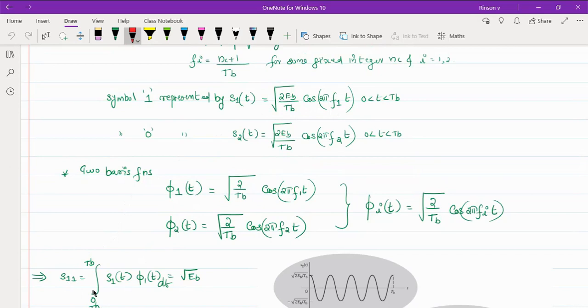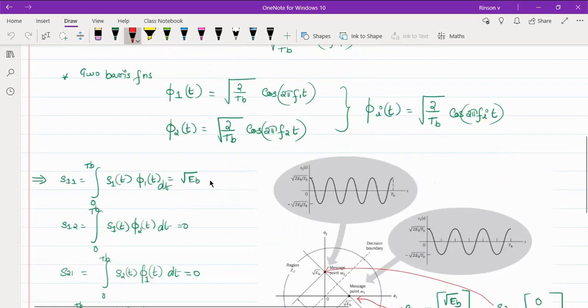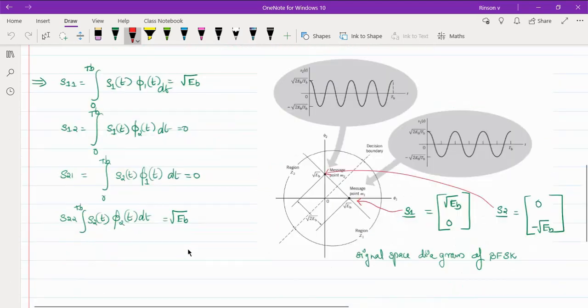So the contribution of the first basis is root E. Here you don't have any contribution to the second basis, because the second basis is nowhere in this equation, so its contribution will be 0. So S11 is root E, S12 is 0. Similarly, S21 is 0 and S22 is again root E.